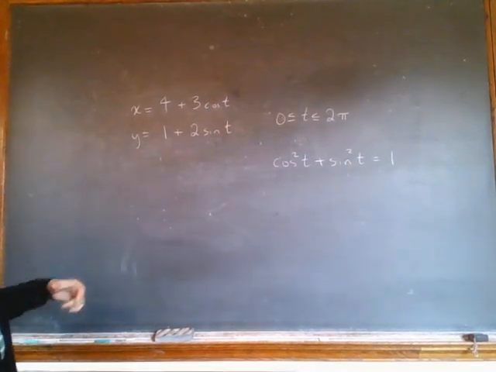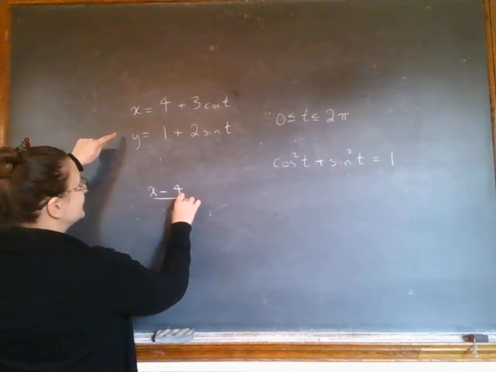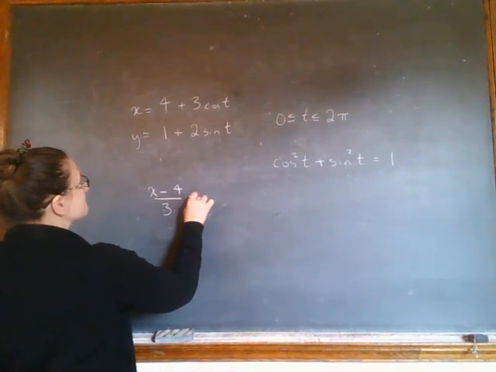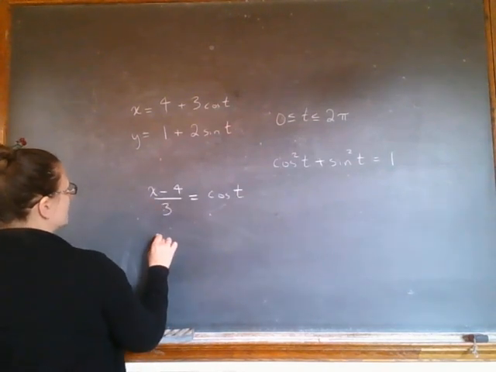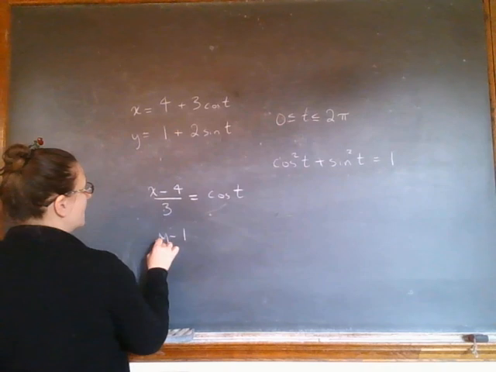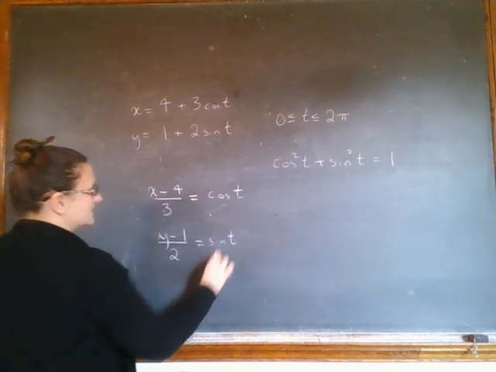So let's solve for cosine t and sine t. And y minus 1 over 2 is sine t.